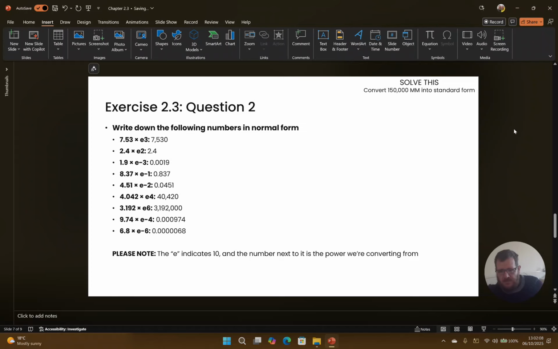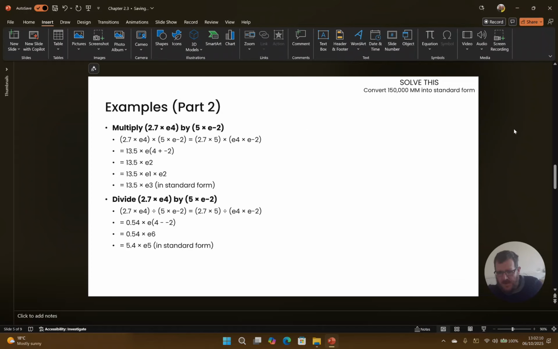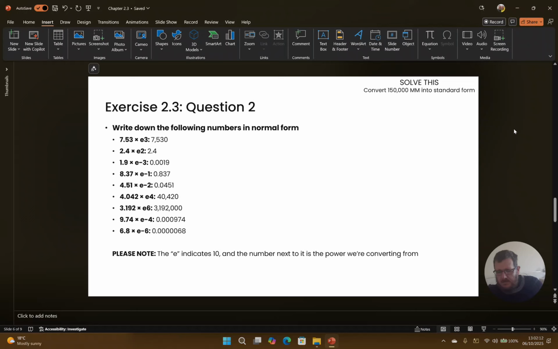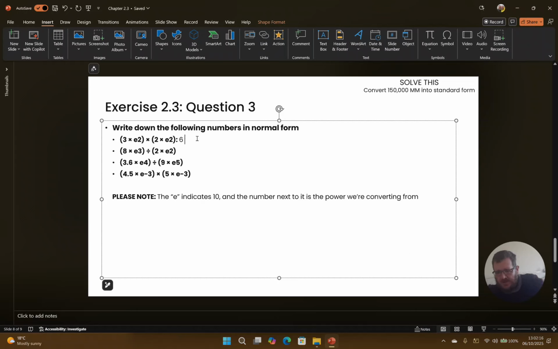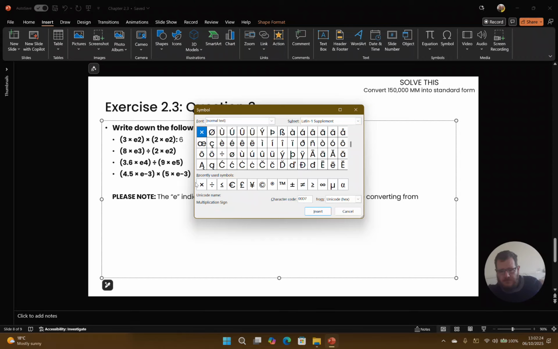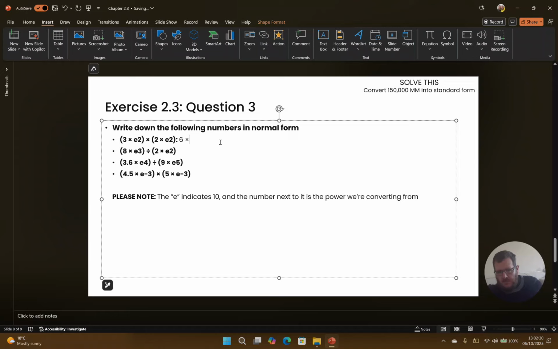Follow the example of what I've got there, because you've done the e's first, which is e4, e2, 2 plus 2 should be e4. Ten to the power of 4.